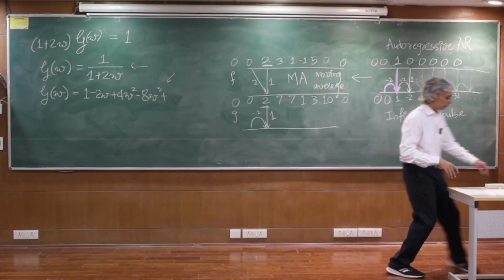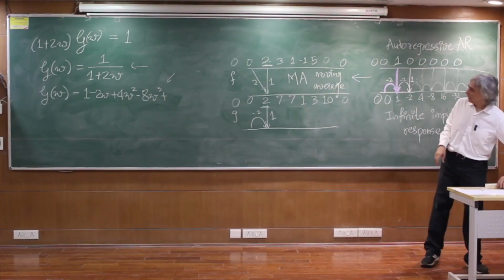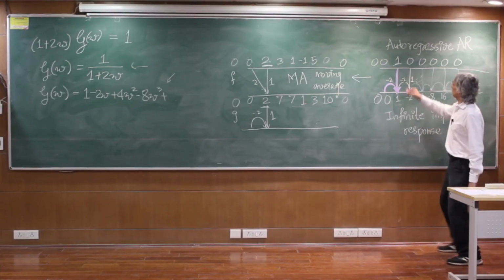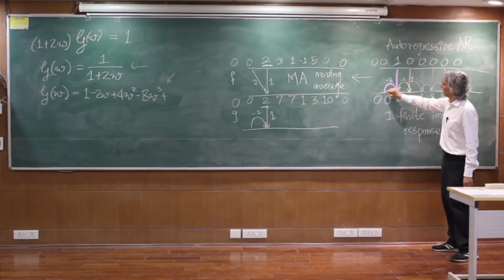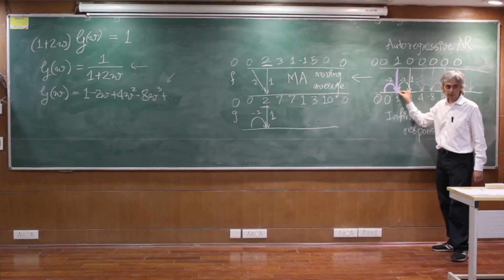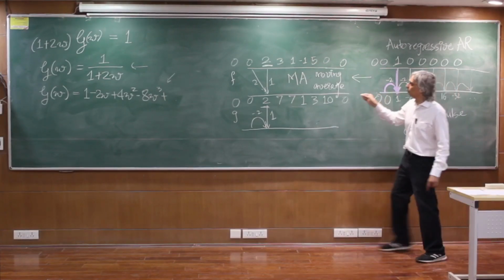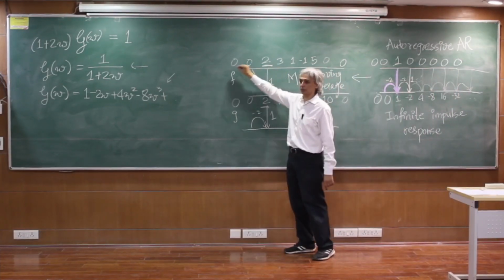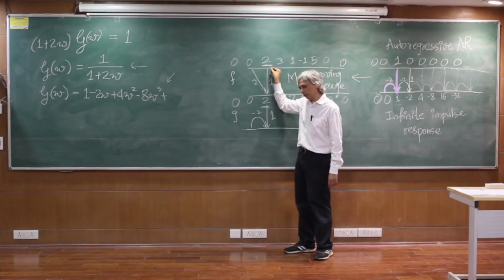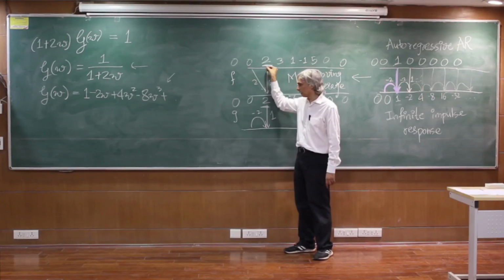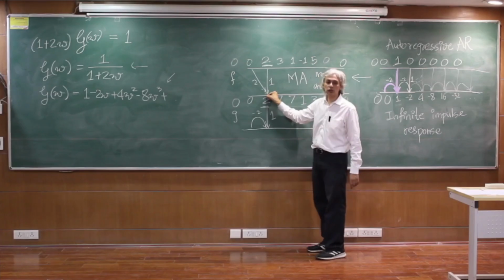Now autoregressive, if you think about it, uses only one input and as many previous outputs as you want. Moving average uses as many previous and current inputs, but is not allowed to use outputs.